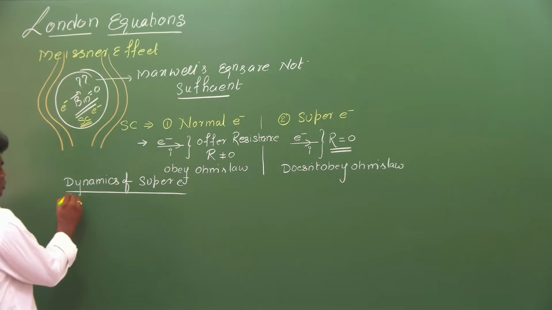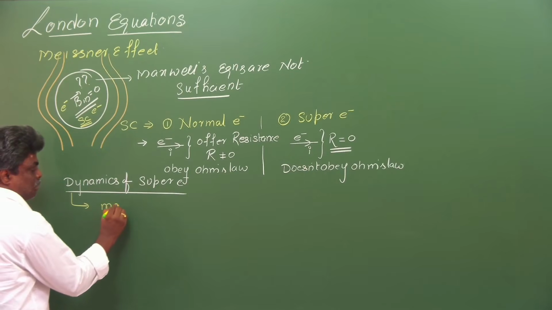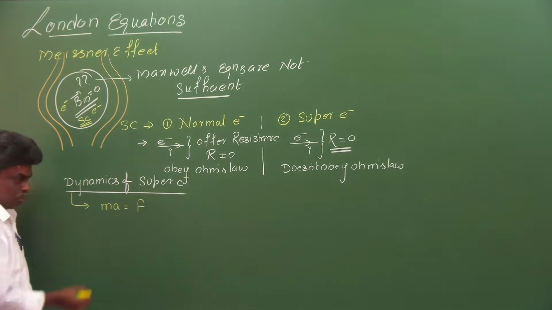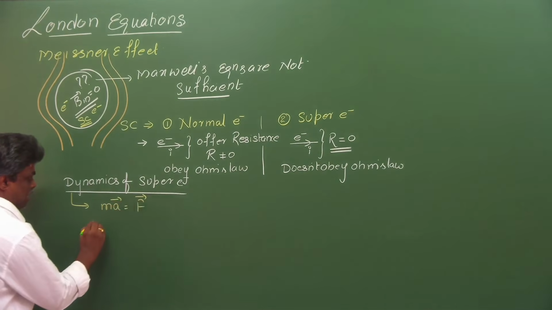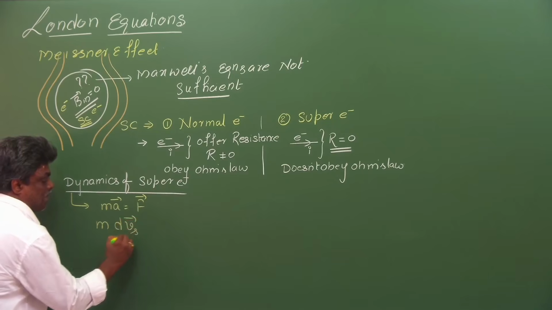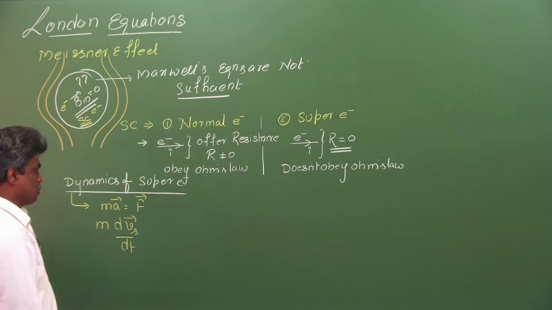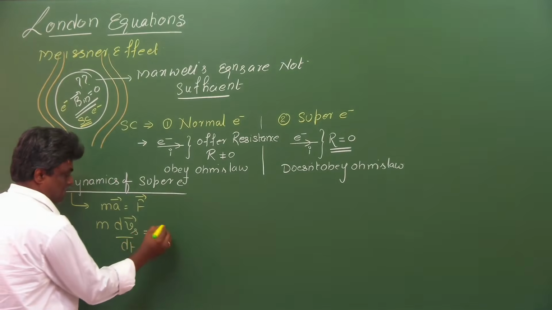To get the dynamics, mass into acceleration is nothing but force. So I can write m dvs bar by dt, where s denotes super electron. This is nothing but force.